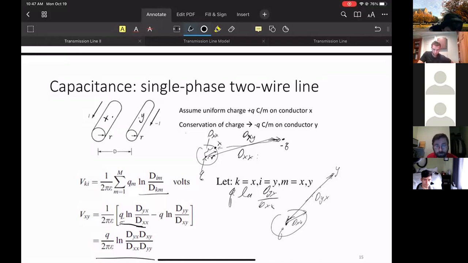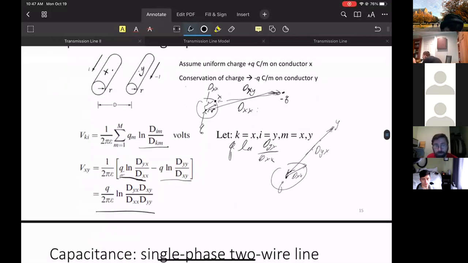So for the other one, you have this equation. It's a minus q because it's carrying the opposite charge. You have some point x here, and this is y, and this is where minus q is.